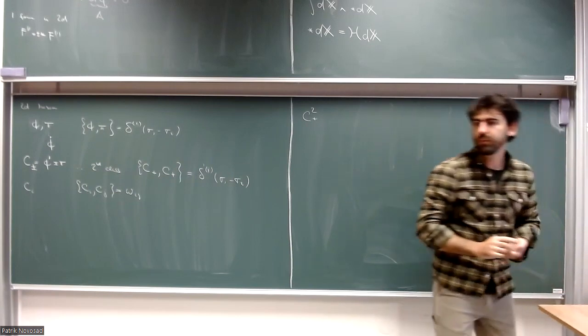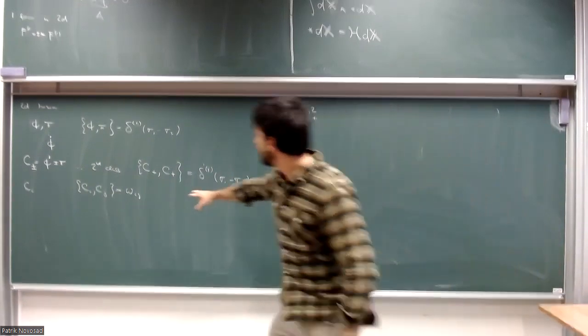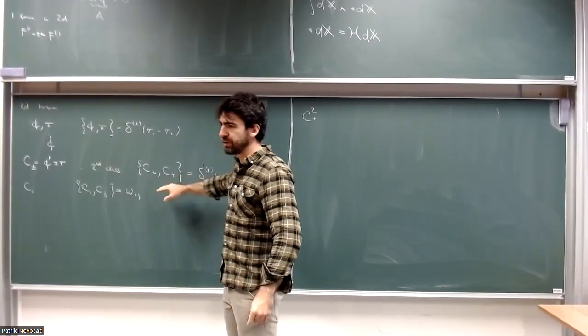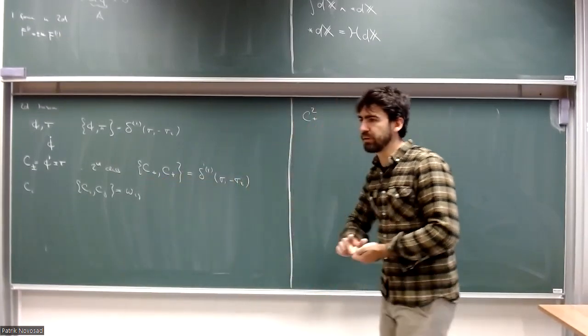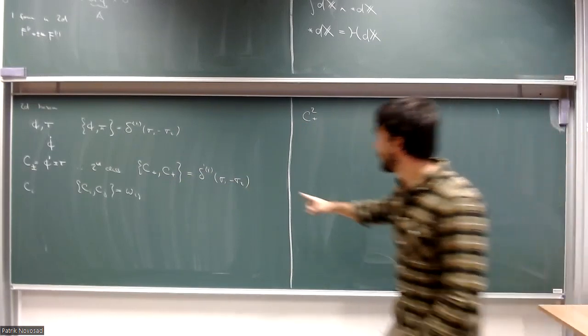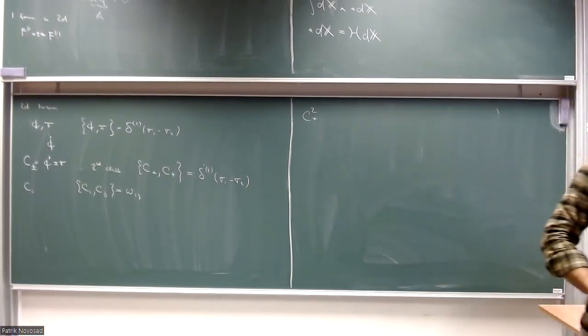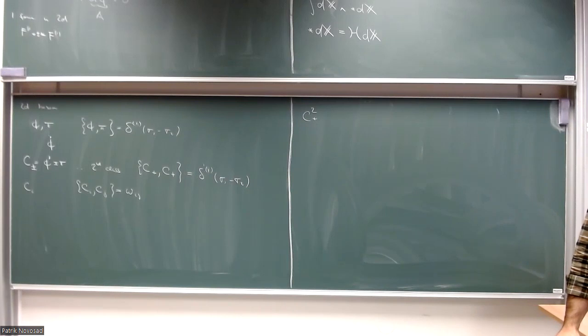Is it obvious that it's first class? If you just calculate this, you'll see that you can get 0 on the right hand side. Sorry, you don't get 0. You get something proportional to C plus. Well, you have to do a little bit more work. We don't know what happens with C plus C minus.